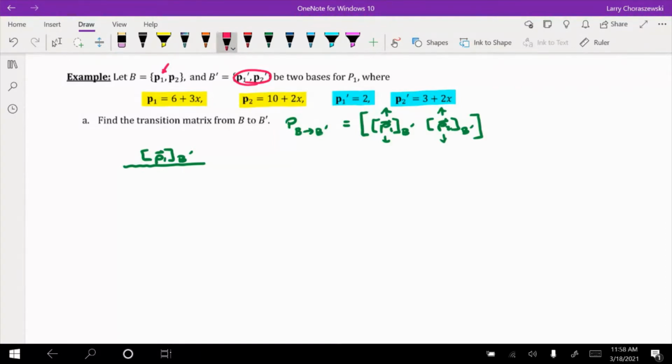So it boils down to this. How many copies of P1 prime added to how many copies of P2 prime does it take to get the polynomial vector P1?